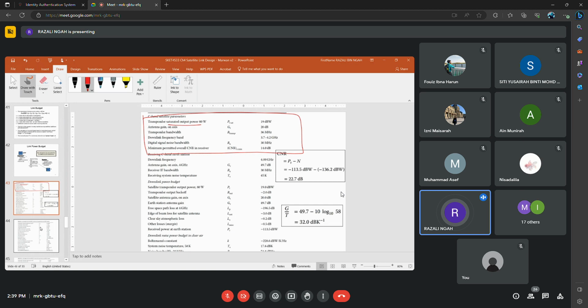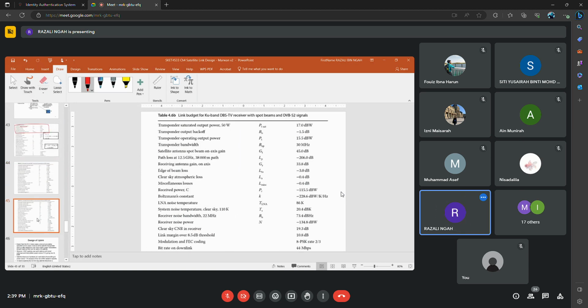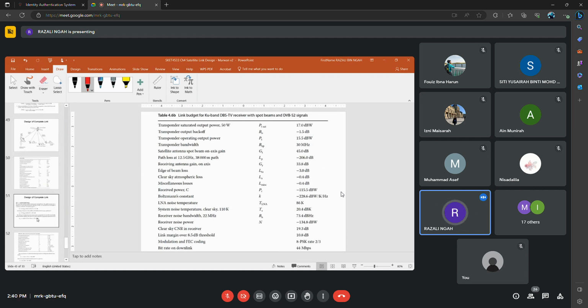I can give you another. Is there any example for a station or uplink?